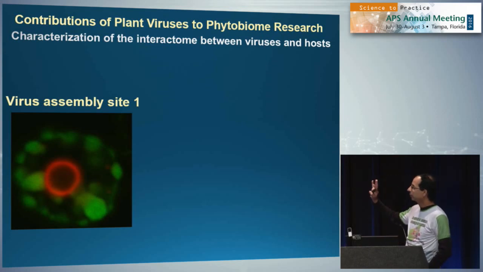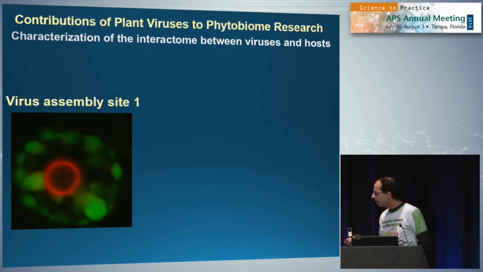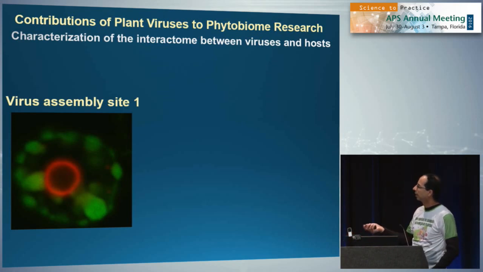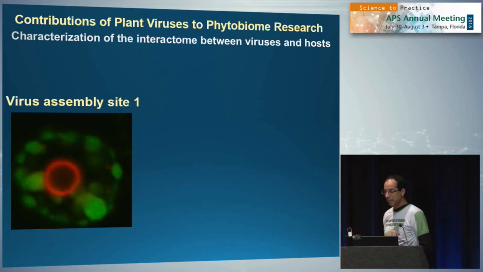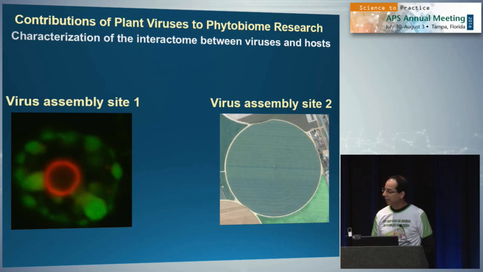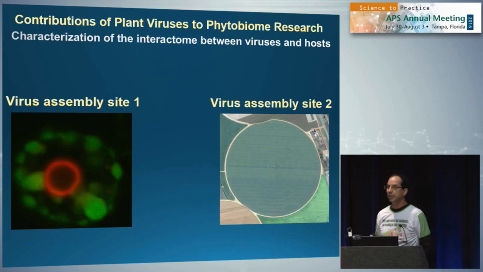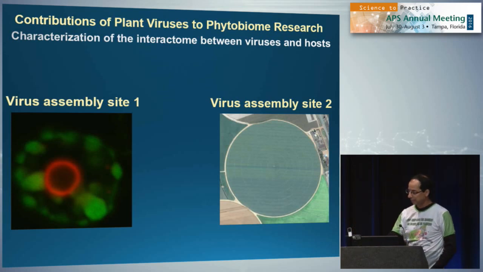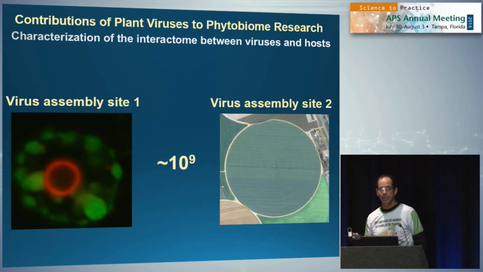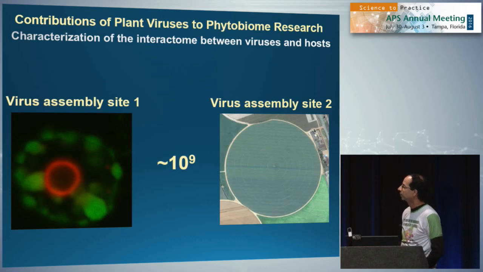This is one example of a virus assembly site, this green circle here, and it's a virus-infected nucleus. And I want to show you another virus assembly site, this one over here, and it's a kilometer-wide pivot-irrigated crop circle. And they differ only by about 9 orders of magnitude, but they are both virus assembly sites.